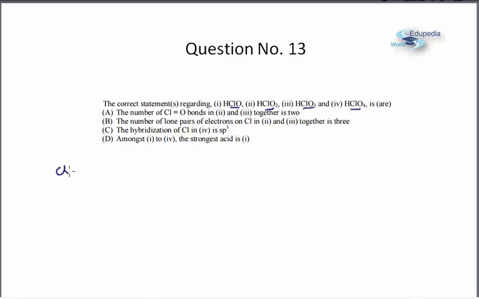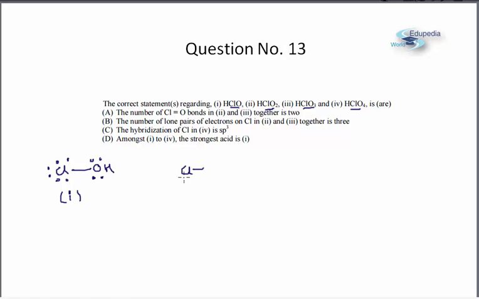HClO will be Cl with 3 lone pairs on chlorine and a single bond to OH, with 2 lone pairs on oxygen. This is your first acid HClO. Let us look at the second acid HClO2.